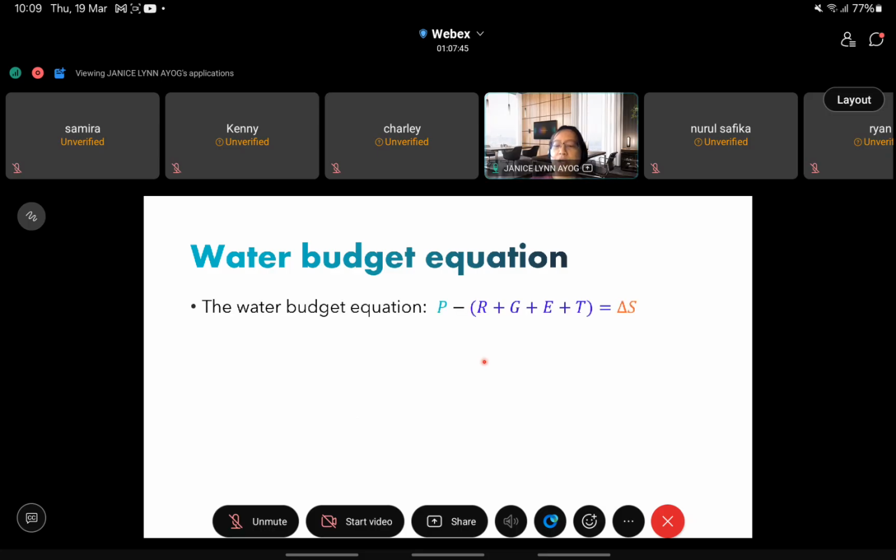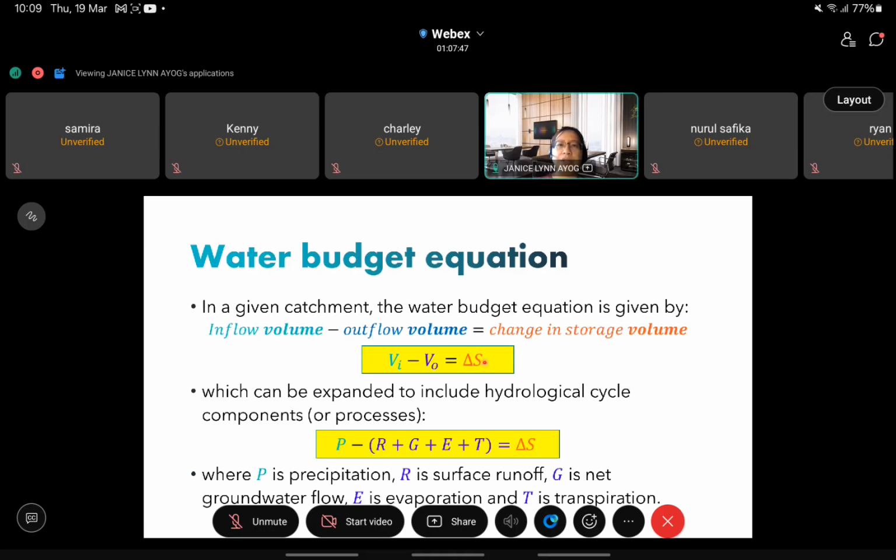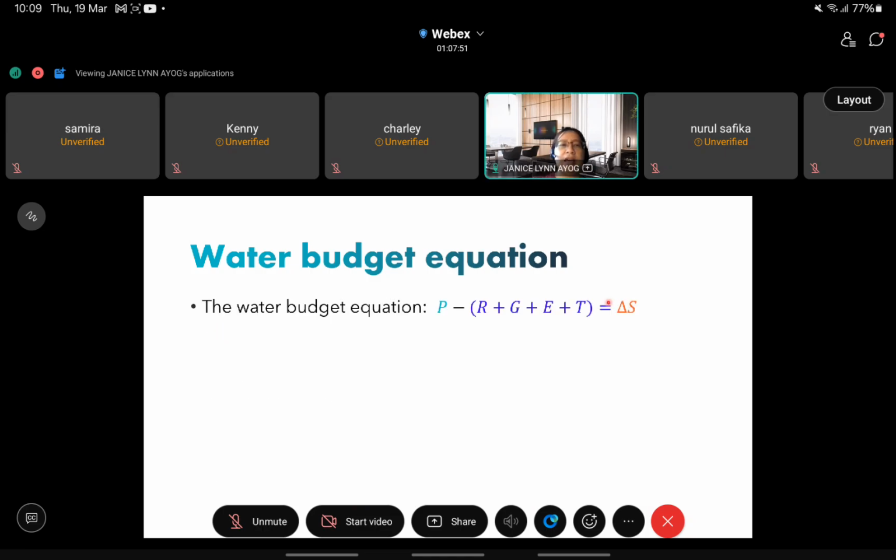From this equation, we can further express that as a rainfall runoff relationship. We're only focusing on P as the rainfall and R as runoff.